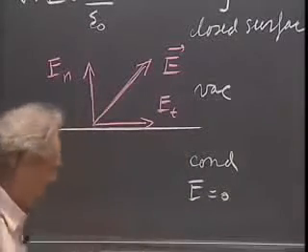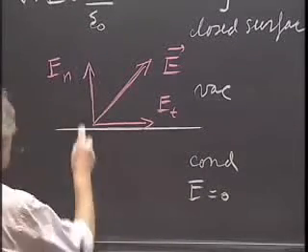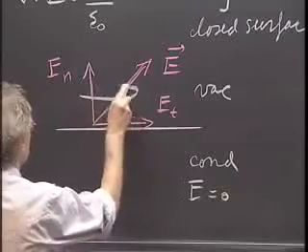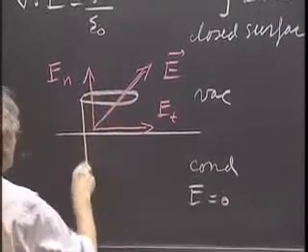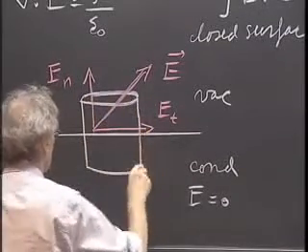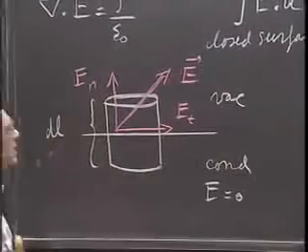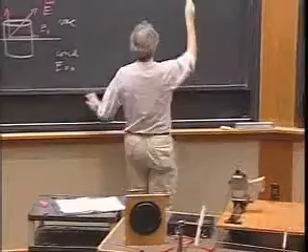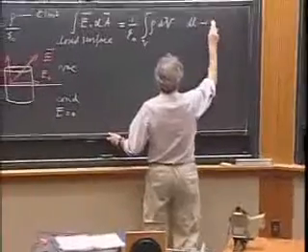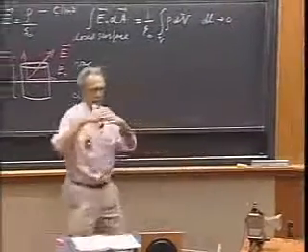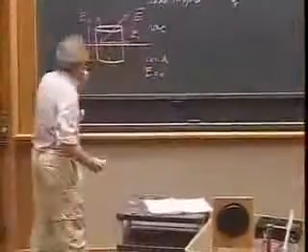And so now I'm going to make my pillbox. And so here is my pillbox. This height of the pillbox is dl. And in my calculations, I'm going to go to the limiting case that dl goes to 0, so that I get the conditions at the surface.